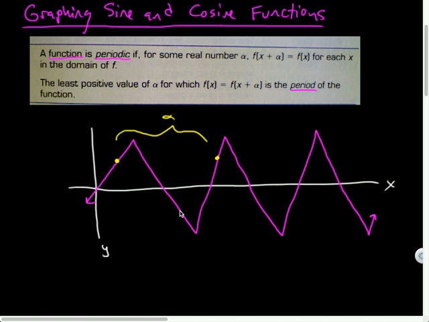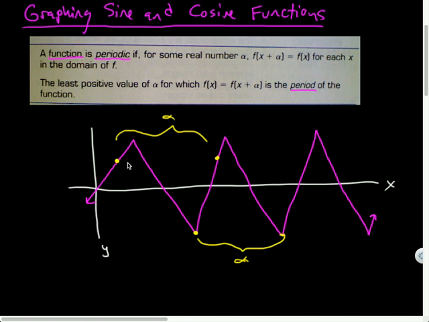And that alpha is the same alpha from this point to this point. So it's periodic because it's repeating a pattern horizontally, and it could be mapped onto itself if I was to shift it over by alpha units or 10 alpha units or whatever that would be.